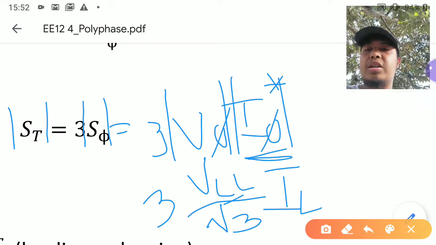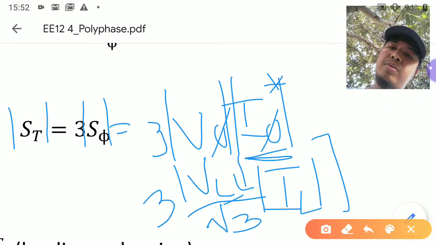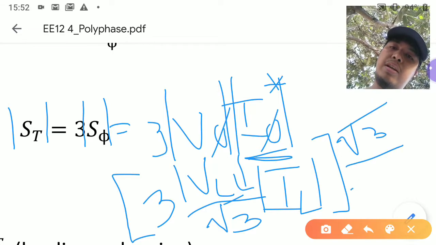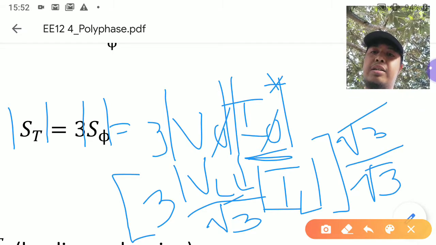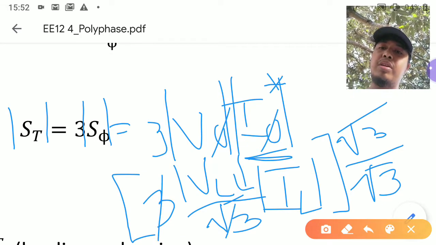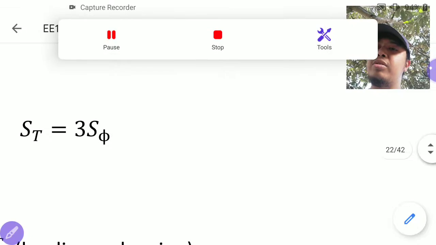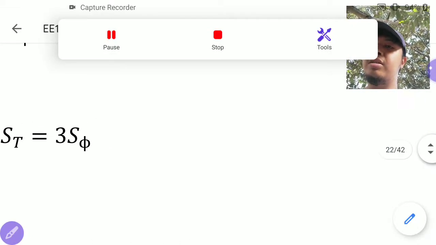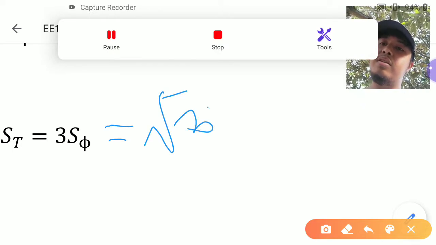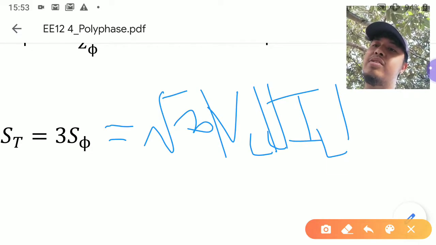You don't need that conjugate anymore because we are talking about the magnitudes only. Now, if you multiply this by square root of 3 over square root of 3 to remove the radical in the denominator, you can cancel this 3 and square root of 3 times square root of 3 here. So that leaves you with square root of 3 V line to line I line. But take note, these are just magnitudes.